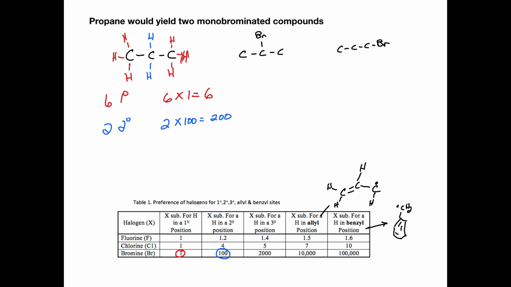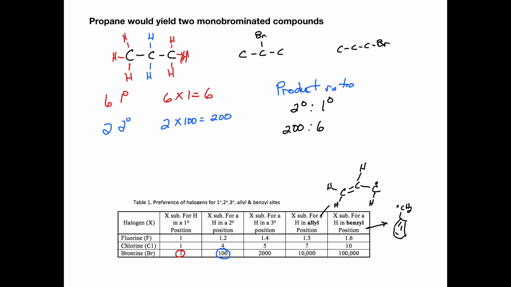So then we would say that the product ratio is a way that we can think of it. I'll switch to black now. For secondary to primary, it's basically going to be 200 to 6. That is, we'd be 200 to 6 times more likely to form a secondary group than this one.